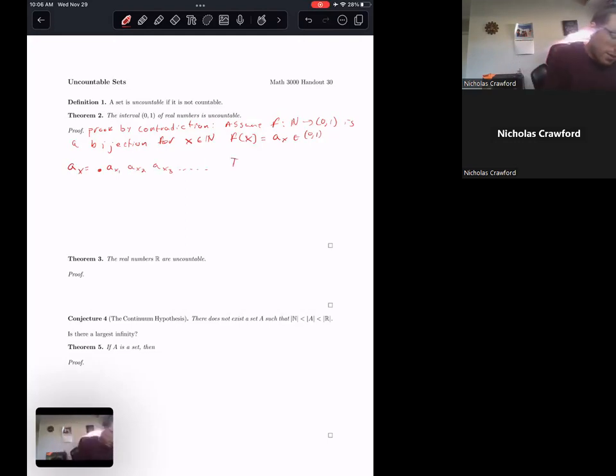So if ax is irrational, what happens? Then the decimal expansion is unique, right? Because it can't be reduced or anything like that. If it's rational, then it may not be unique, right?